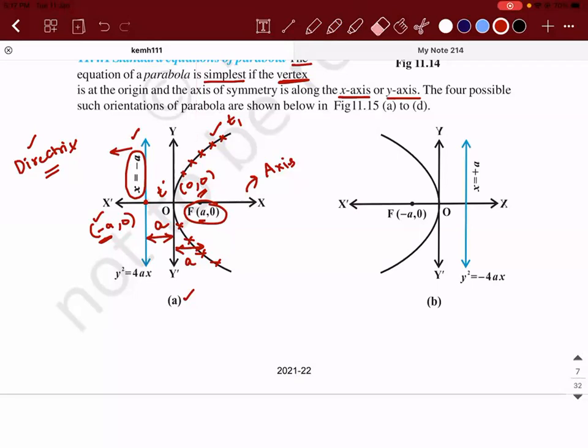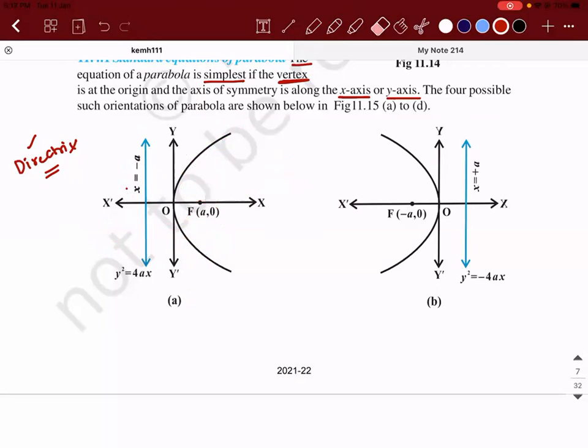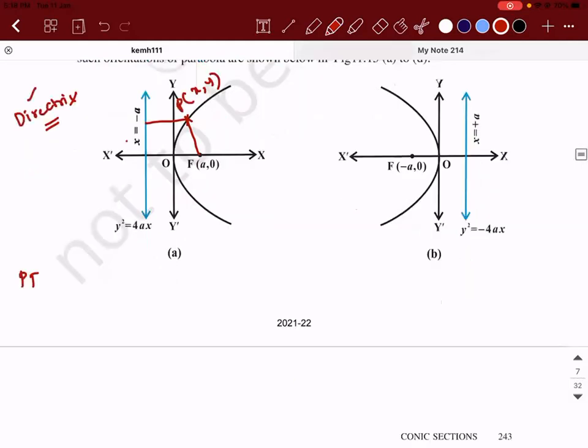Right. Now our job is to write the general equation of this so-called parabola. Shall we start doing it? Whenever you're asked to write a general equation, take a general point P(x, y). From this point, the distance to the focus and the distance to the directrix should be the same.